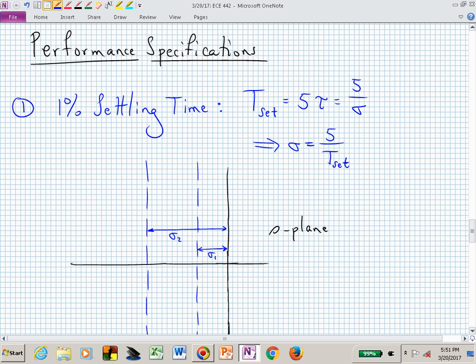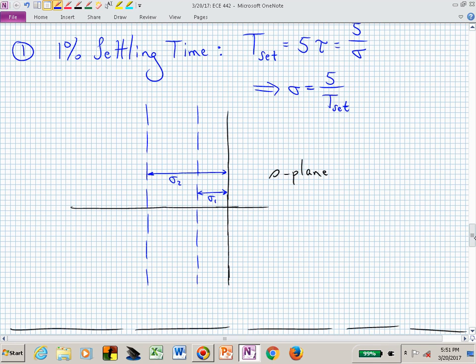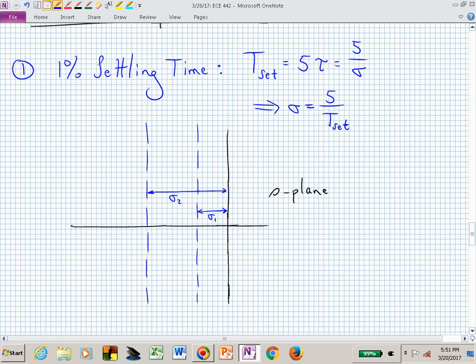In this particular diagram, I hope it's clear.